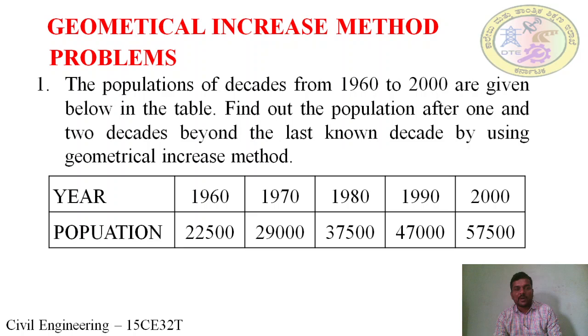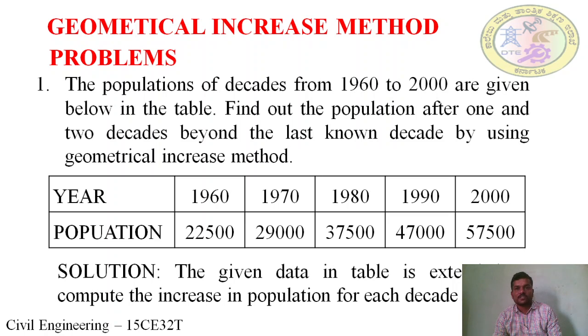Here the populations from 1960 to 2000 are tabulated. We need to find out the population for 2010 and 2020. The solution: whatever data is given in the above table, we need to extend that table to compute the increase in population for each decade.